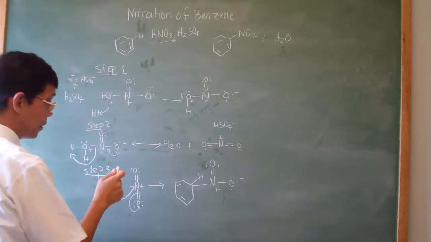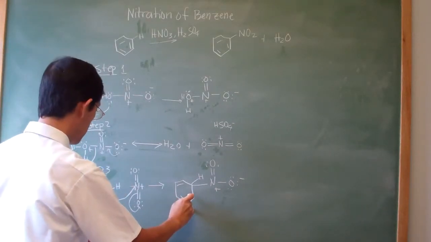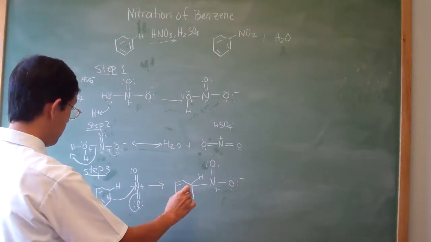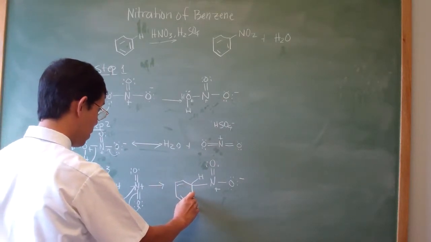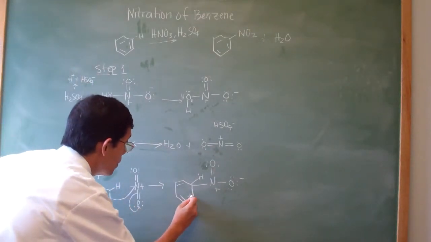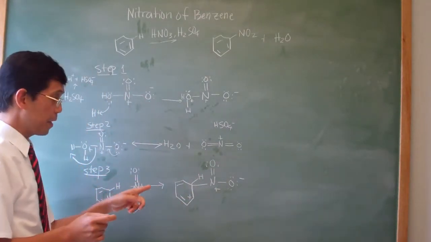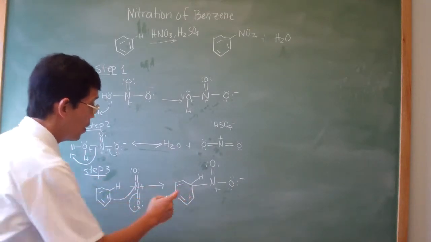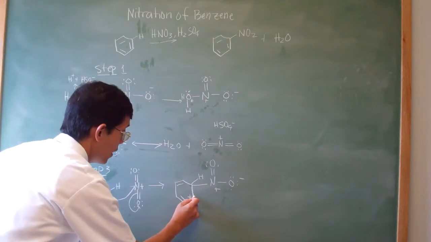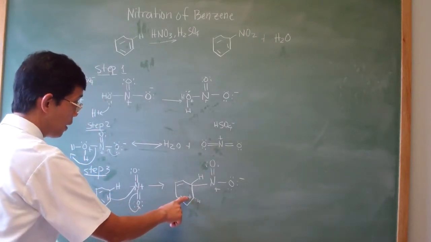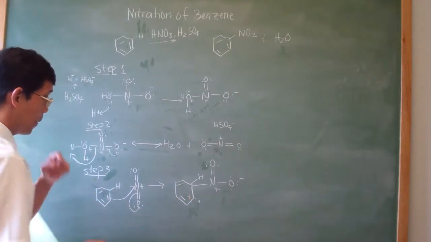Yes, you have a plus charge there, and additionally you have a plus charge here, because you lost the aromaticity. You have 4 attachments to that carbon. Now you only have that bond, and this H. It's not showing, but you have an H there. So therefore we have a plus charge at that carbon.